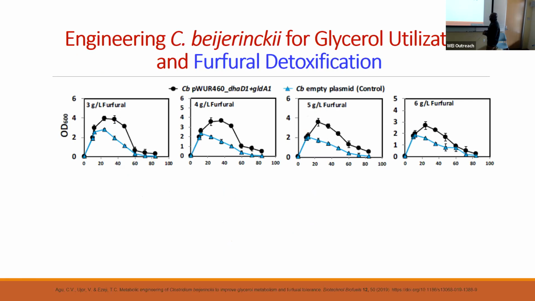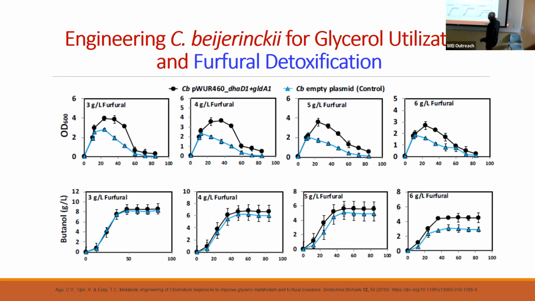So we thought, okay, can we hit them now with furfural and see if we can have much better improvement in terms of how they detoxify the furfural? Indeed, the ones that contain glycerol did better. Also, from 3 grams per liter all the way to 6 grams per liter, we looked at just the strain containing the two glycerol dehydrogenases because of how they performed in the previous experiment. You can see they grew better across the board in the presence of furfural from 3 to 6 grams per liter.